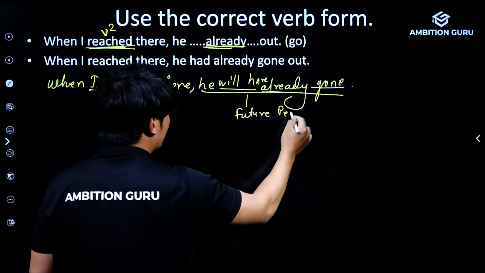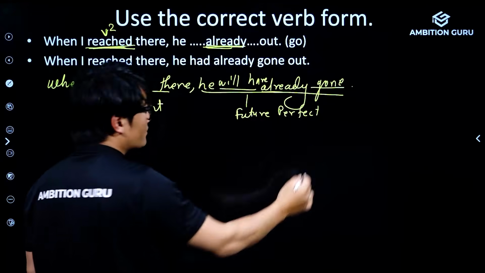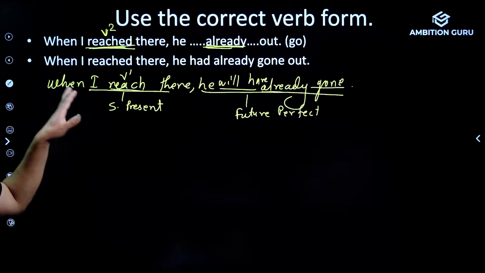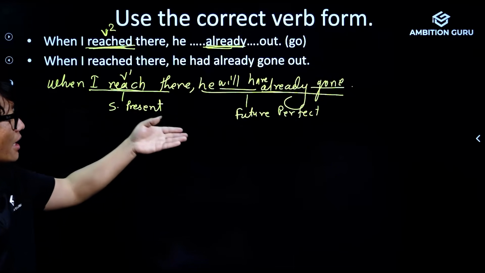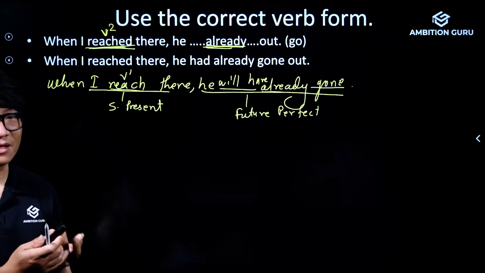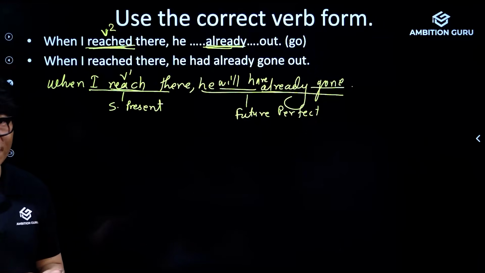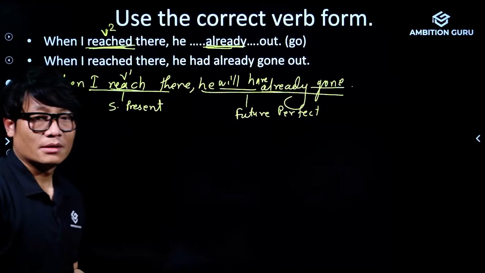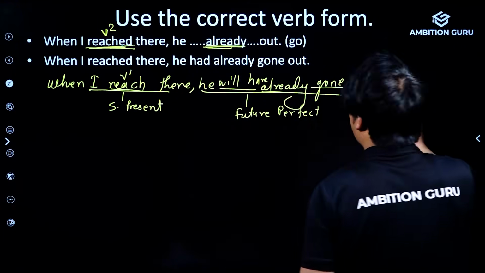Clear? Why not present? Like if you write here present, when I reach there, he has already gone. It's not matching. That's why there should be future perfect. Okay? Okay, Bipin. Susan, check that, okay?